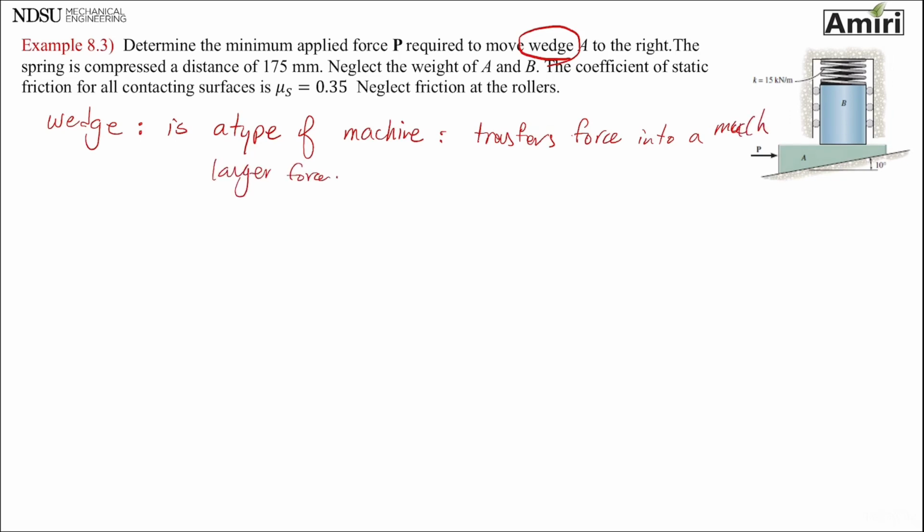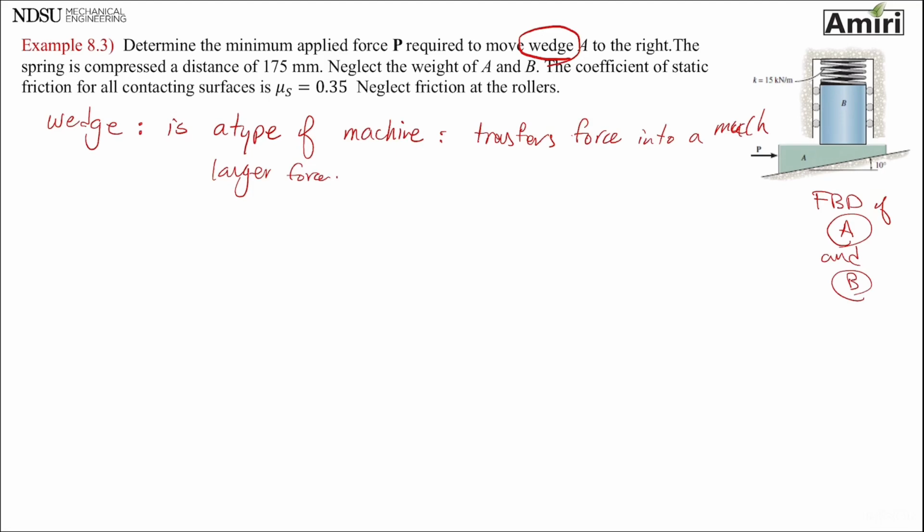If you remember from previous chapters when we were discussing frames and machines, that's what machines do. We use machines to transfer forces and to increase the forces. So for a problem like this, I have to draw a free body diagram of A and B with friction forces on them and analyze each of them.